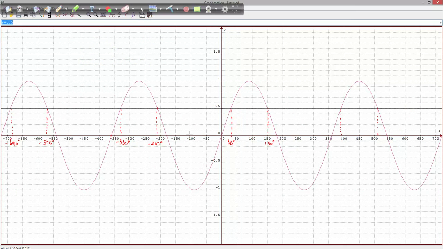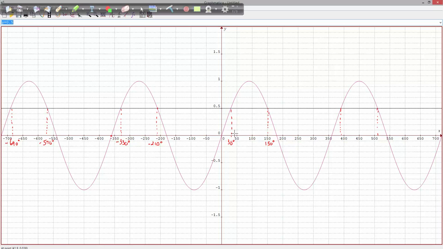Okay guys, as you might notice, the screen has changed quite a bit here. I've decided to not work in radians for the moment, because working in degrees is going to be a little bit easier to see the pattern of our solutions. We've still got our sine function here, but in degrees I've gone from 0 up to 720 degrees and down to negative 720.